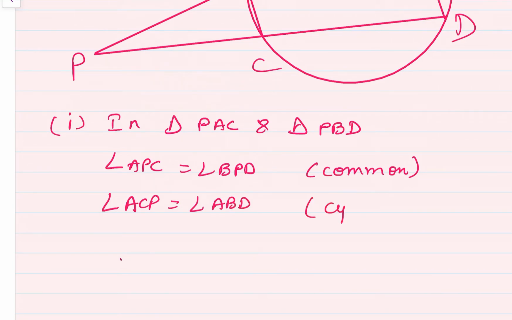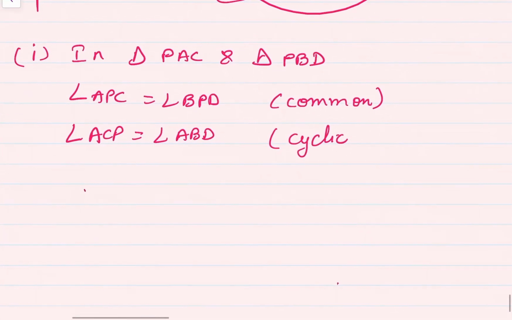It is a cyclic quadrilateral, so the angles are equal.